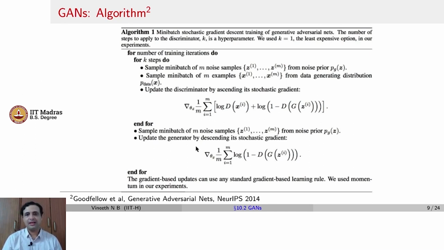One point here is, what does it mean for such a network to converge? So far, whenever we had a loss function, we always wanted to minimize it and wanted to ensure that the loss goes to 0.